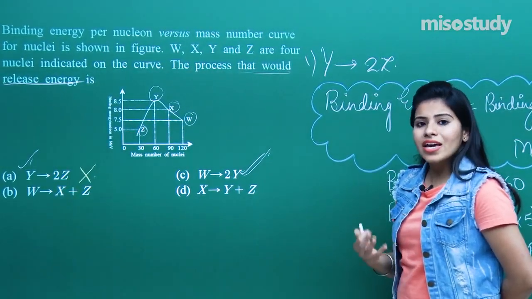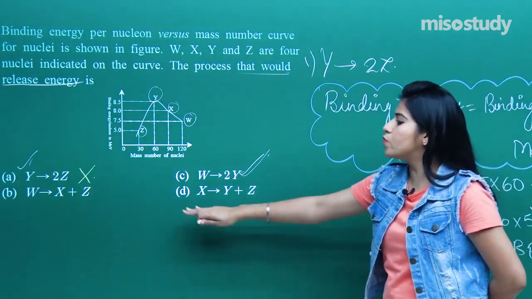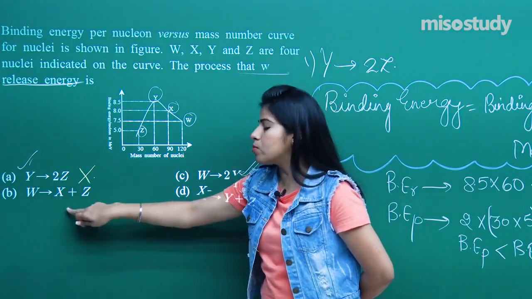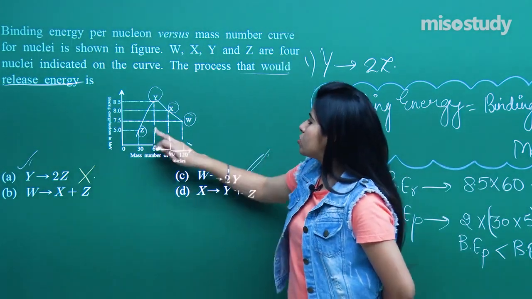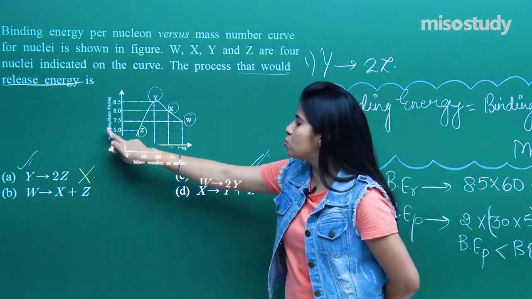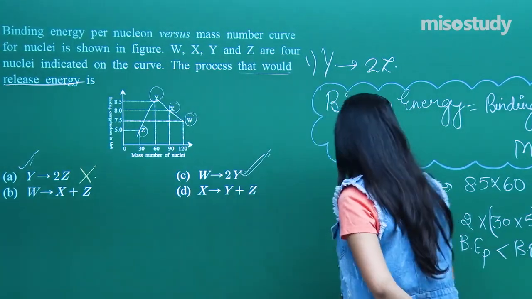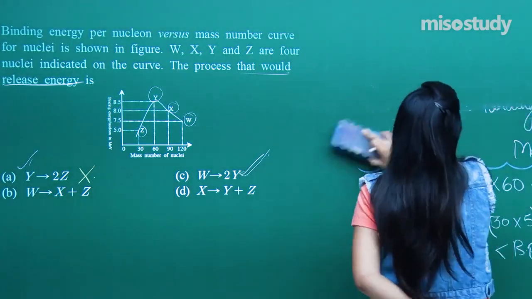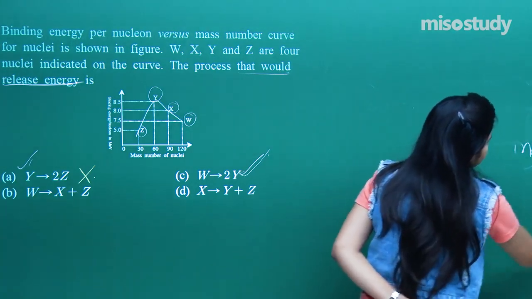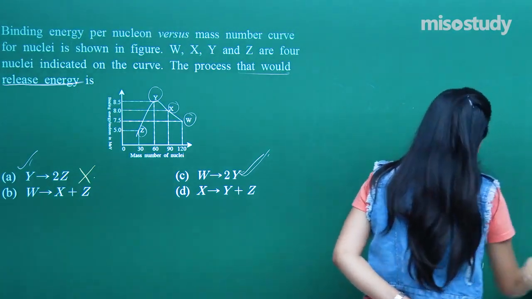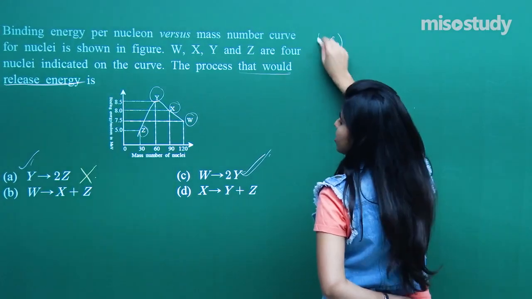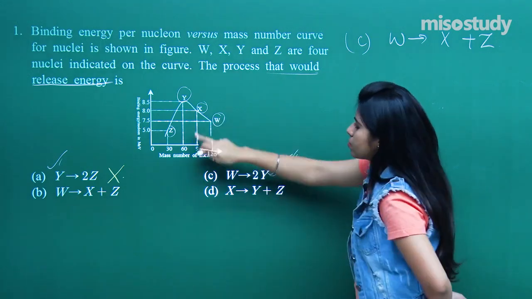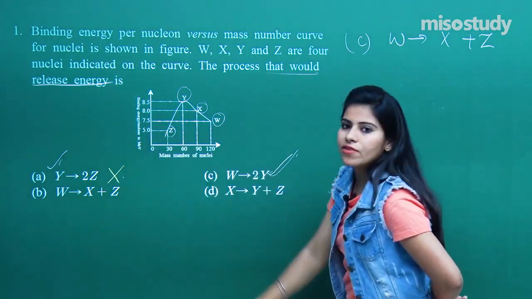Again, for our convenience, we can just check whether these other options are wrong or right. So let me just consider the third option, that is C, W is converting into X plus Z. Now your W is having 120 into 7.5.